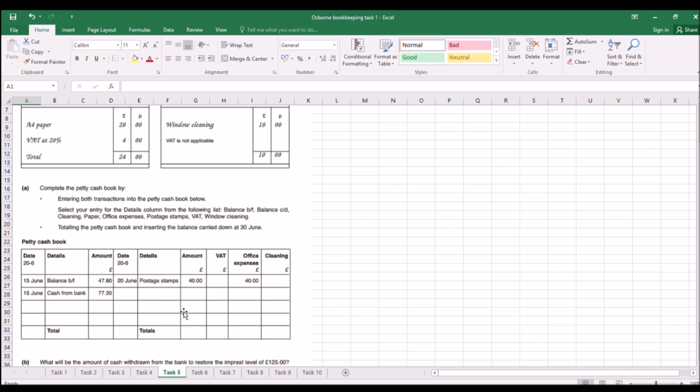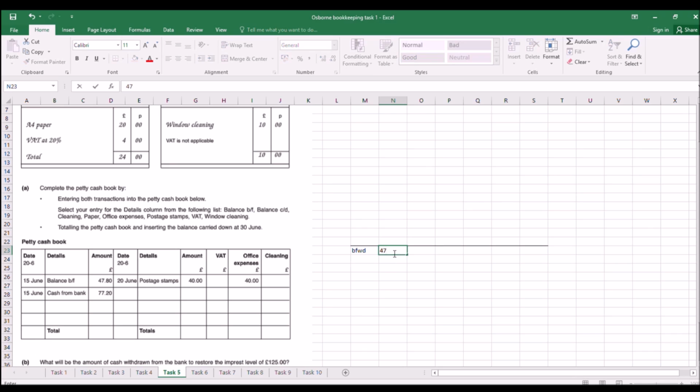Okay, so what we're going to do, let's see. The way in which a petty cash book is set out is, you can see how it's set out with these standardised columns on the left hand side, money in, basically. So we've got our brought forward here.